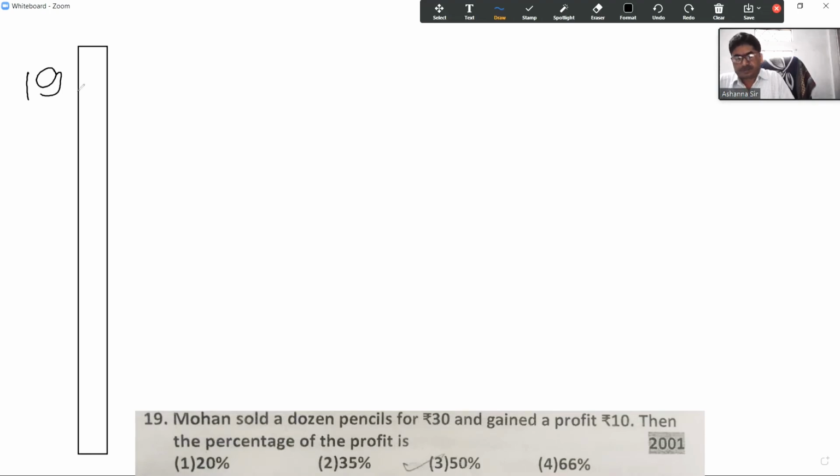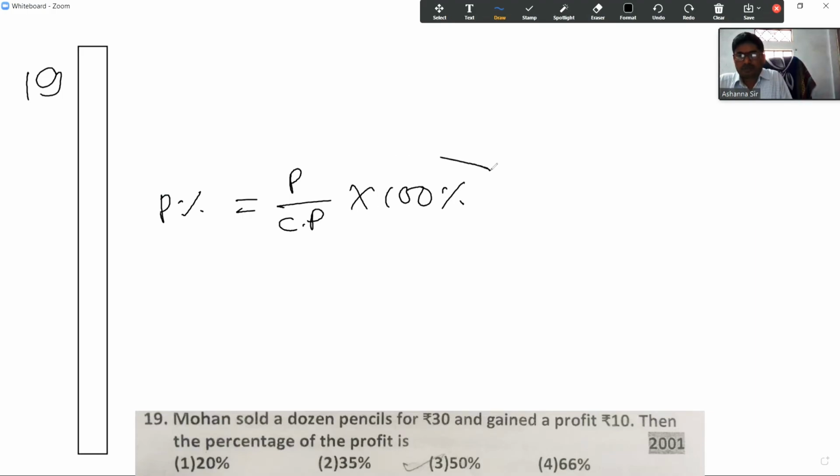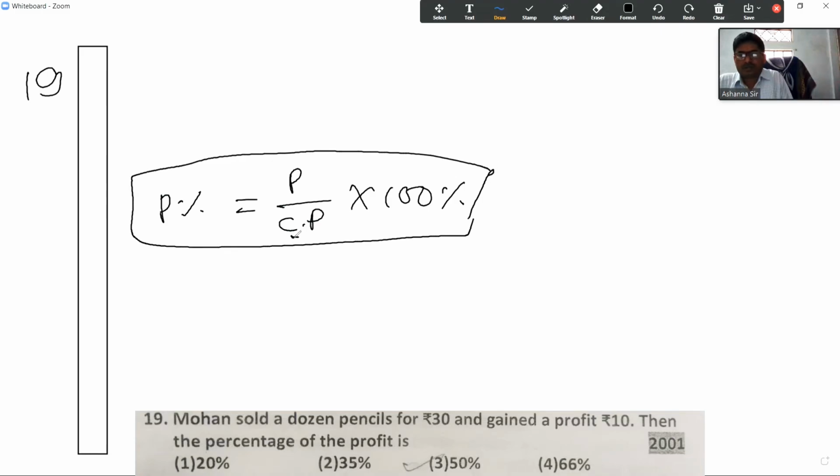Then the percentage of the profit is? So we have to find the cost price. Why should we find cost price? To find profit percentage, we have the formula profit by cost price into 100 percent. This is the formula. To find profit percentage, we need cost price.